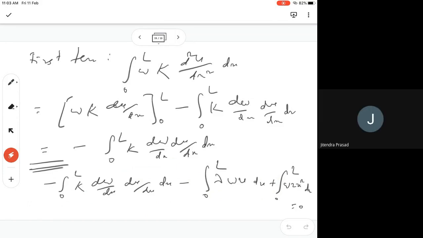It will be symmetric, but your K value, when you are going to solve this kind of problem, let me write that aside.